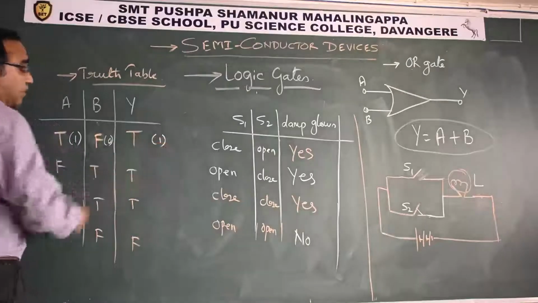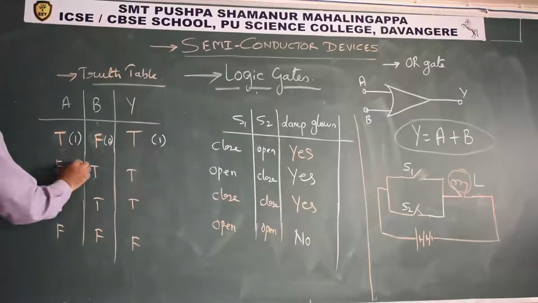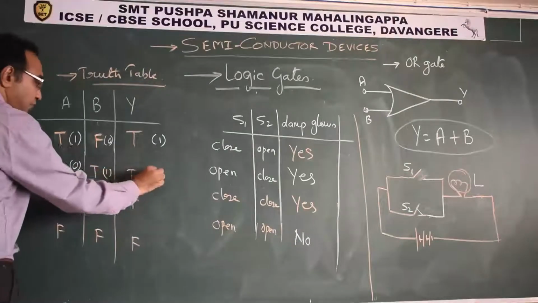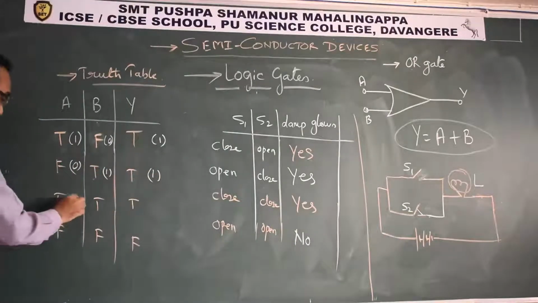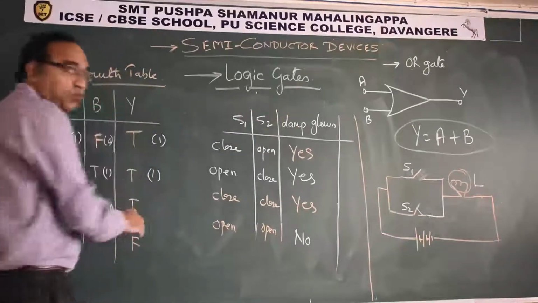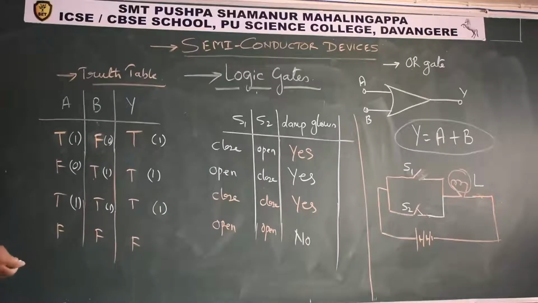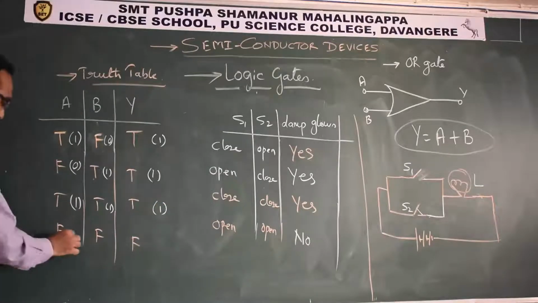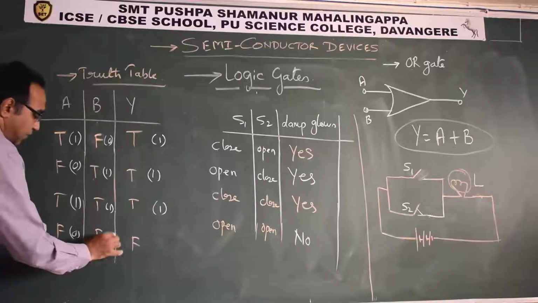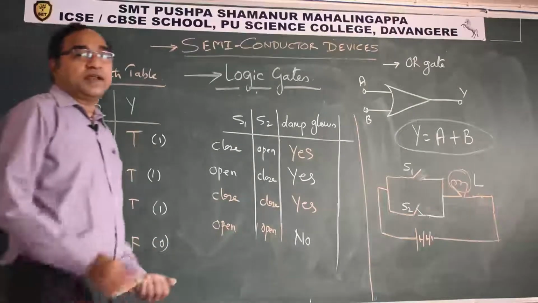So here you will get 1, 0, 1. 0, 1, it is also 1. 1 and 1: now don't add 1 plus 1 and make it 2. There is no 2 in Boolean algebra. It is 1 only. This is 0 and this is 0, so this is also 0. See, this is also one way by which you can write the truth table.